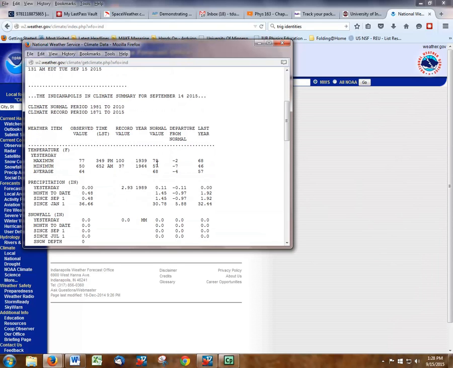So the high and low temperature that we normally have is the high is 79 degrees for today, and the low is 57. And the average is 68.